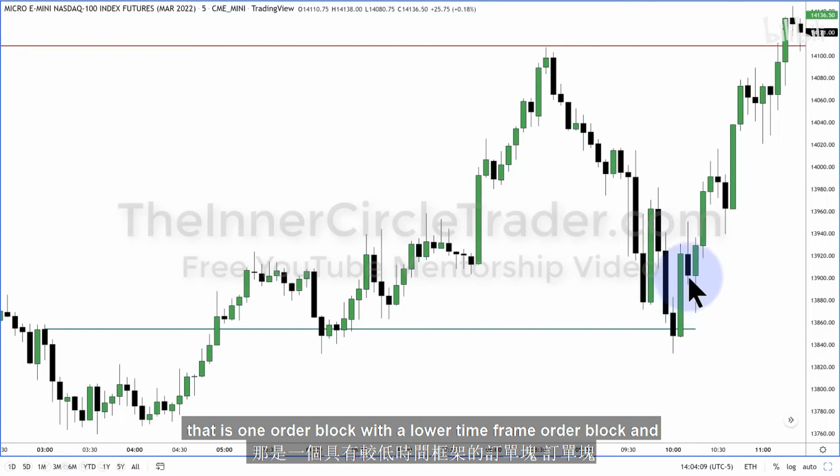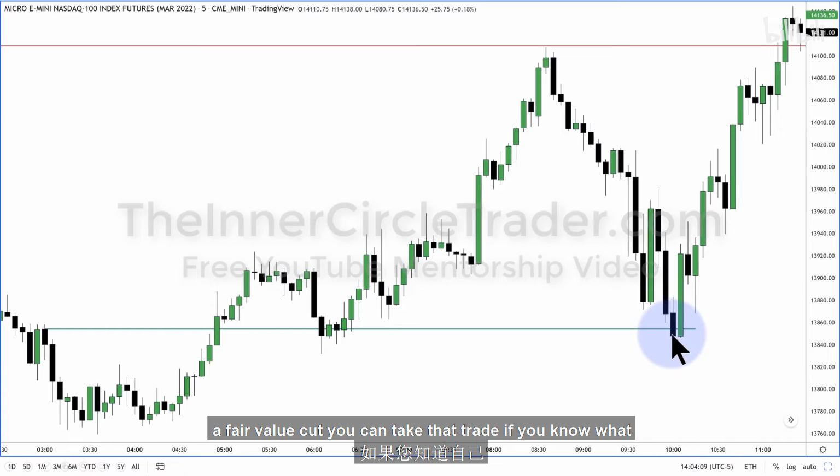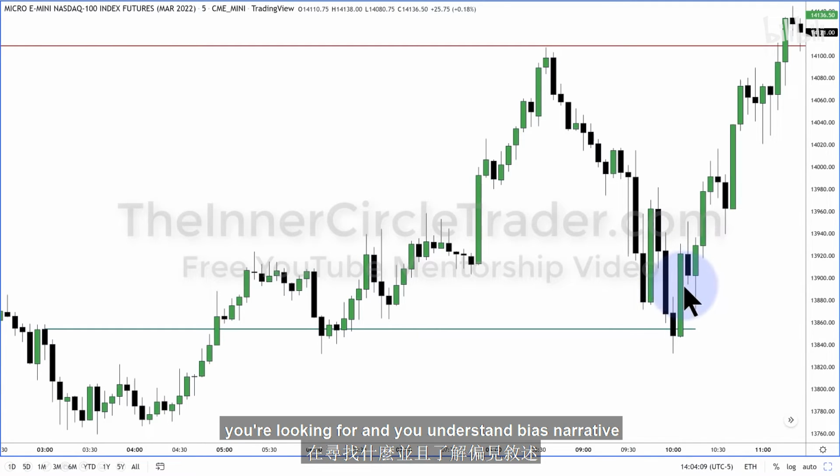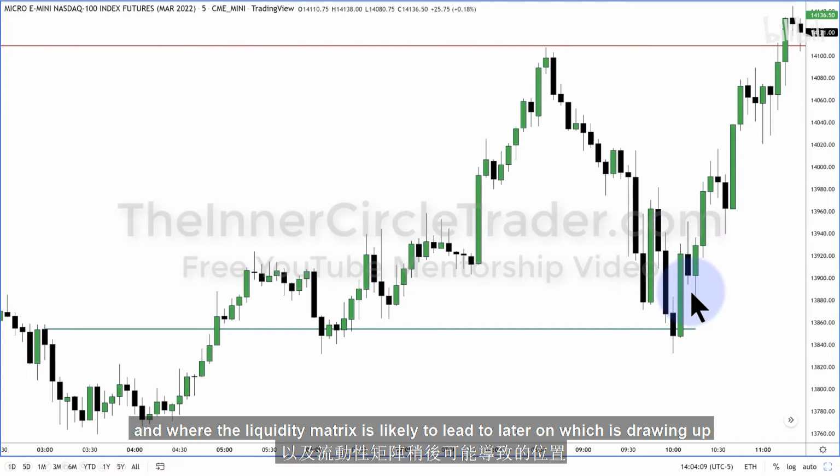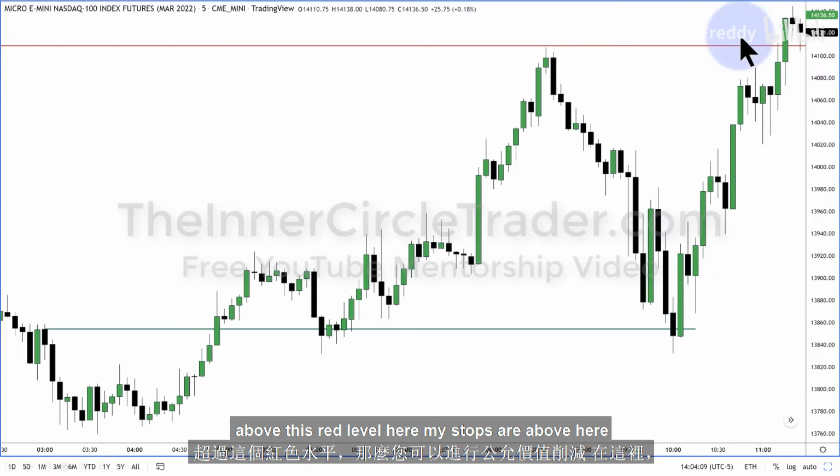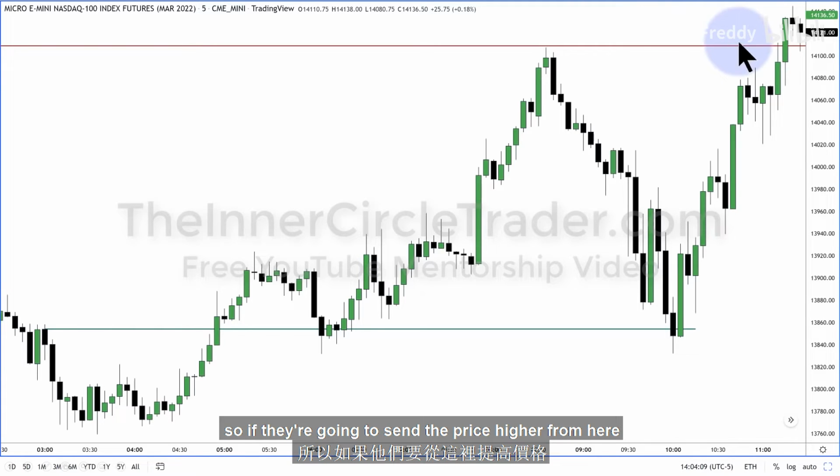This right here, that right there, that is one order block with a lower time frame order block and a fair value gap. You can take that trade if you know what you're looking for and you understand bias, narrative, and where the liquidity matrix is likely to lead to later on, which is drawing up above this red level here. Buy stops are above here.